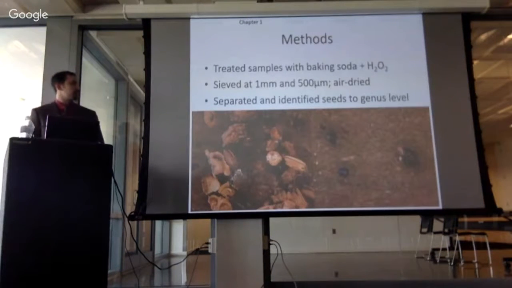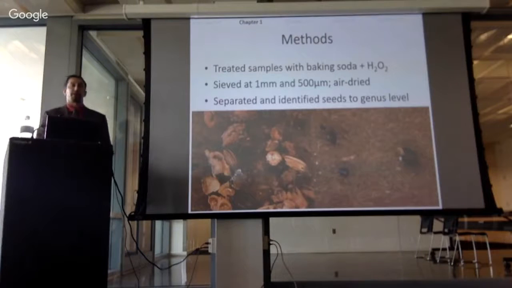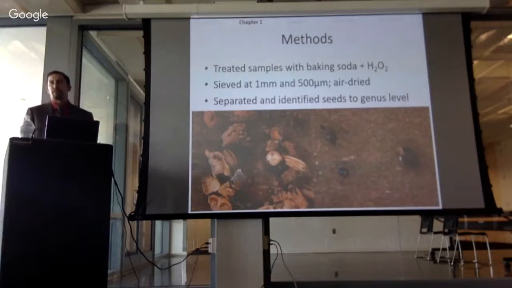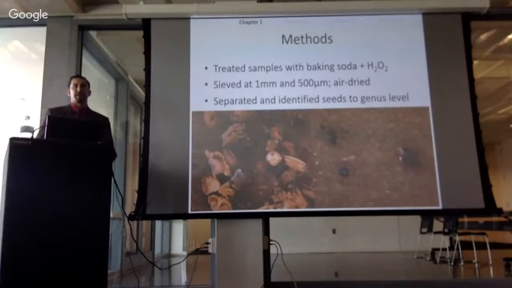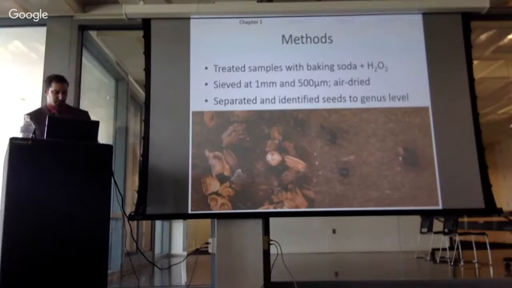All the samples were treated with baking soda to deflocculate clay particles, which stick together, as well as peroxide to degrade some of the organic detritus that was making separation kind of a pain. I ran those samples through 2 sieves, air dried them, and manually separated the seeds. Due to the semi-destructive nature of that treatment, the seeds could only be reliably identified to the genus level.